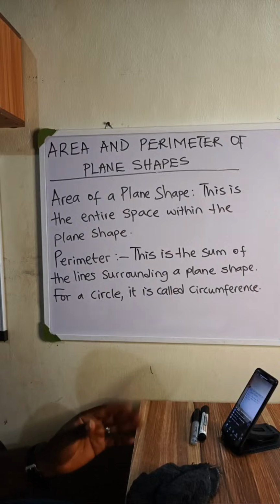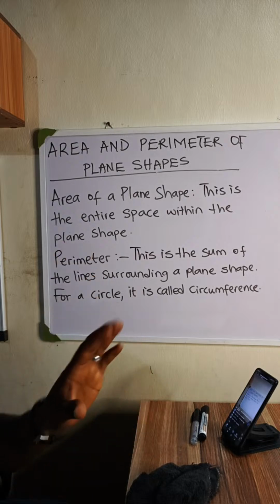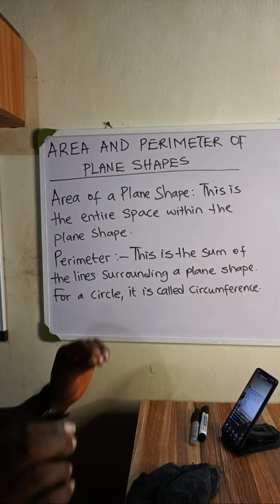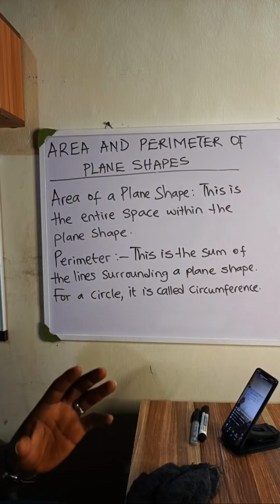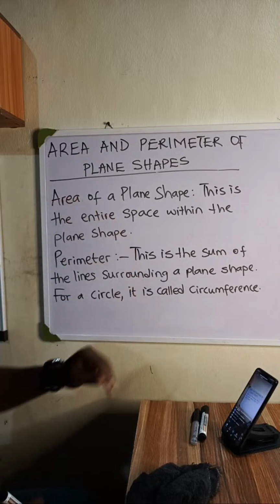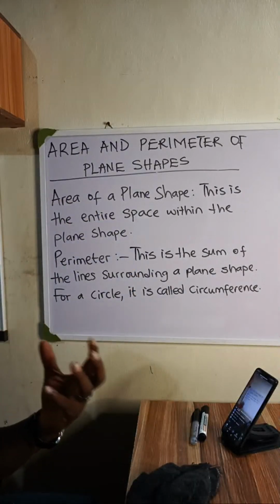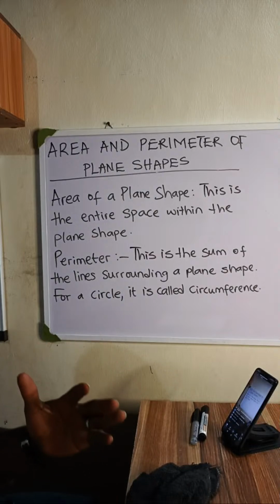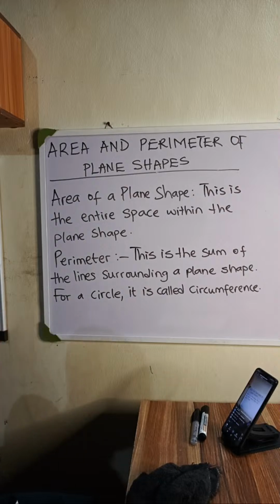When we are talking about area, we are talking about the space inside the plane shape. When we are talking about perimeter, we are talking about the sum of the lines surrounding the plane shape. So we're going to draw a diagram to differentiate between perimeter and area.